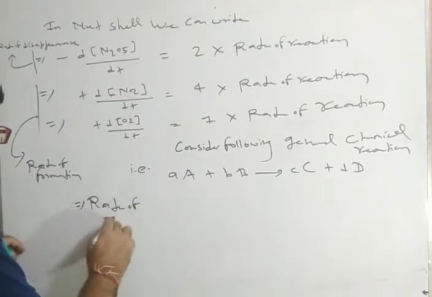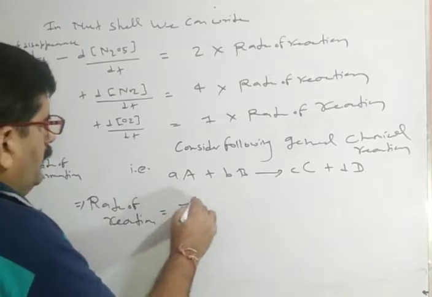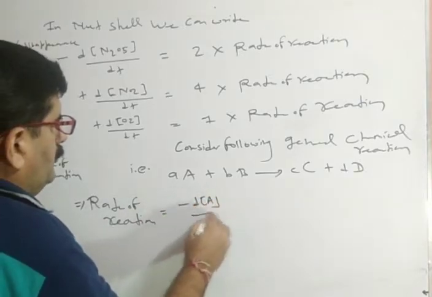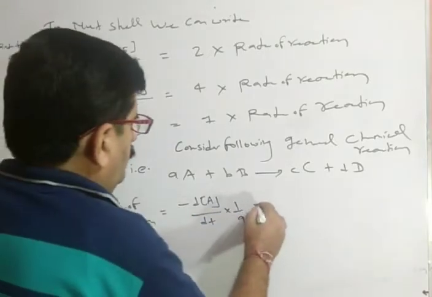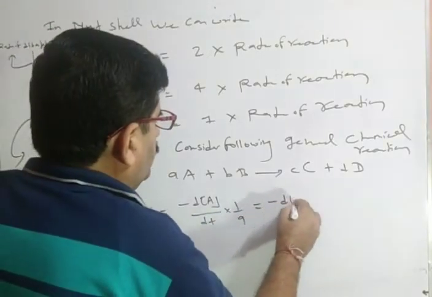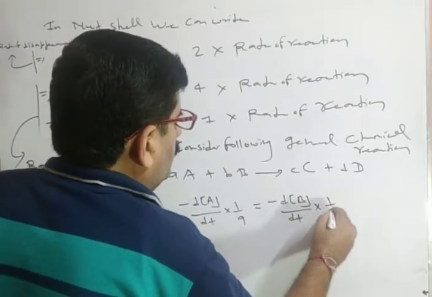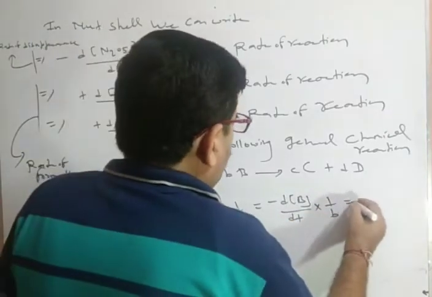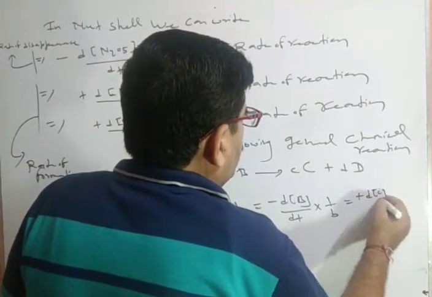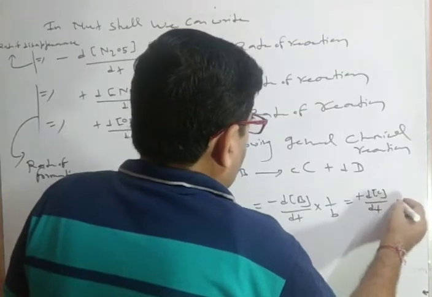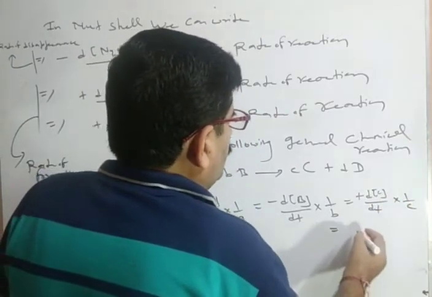Rate of reaction is minus dA upon dt into 1 by a is equal to minus dB by dt into 1 by b is equal to plus dC by dt into 1 by small c is equal to what?